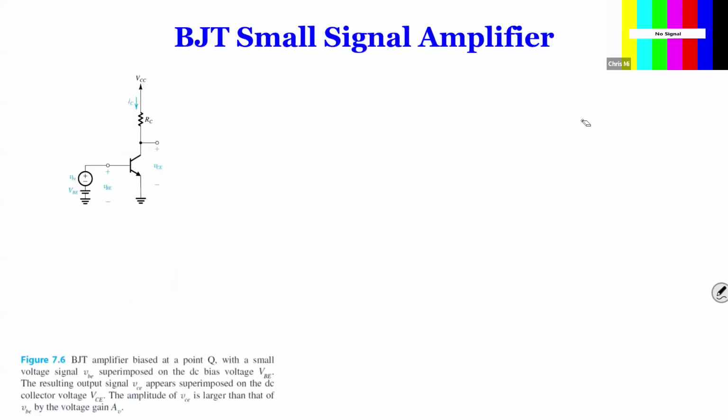Okay. So for this BJT small signal, we did derive that as well. You guys remember the small signal equivalent circuit has a little bit of difference, which means this has an R pi. The reason is you have current going to the base.